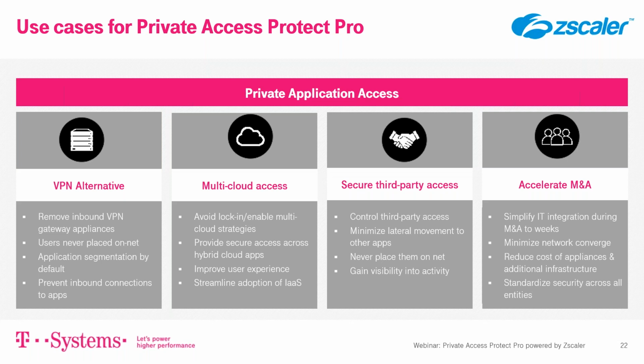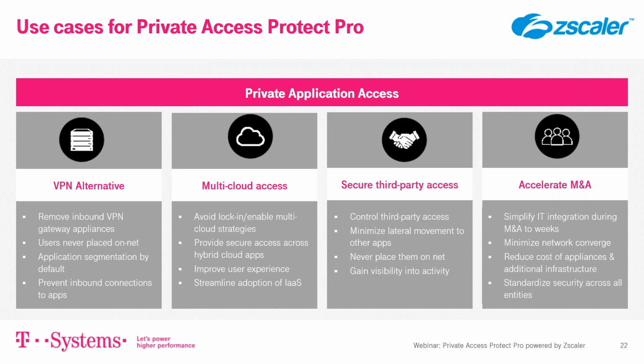He doesn't even notice. The next key benefit is the secure third-party access. So if you have some kind of supplier who needs access to one or multiple internal applications, you can design a policy so that they can only access these applications. And if you want, you can enroll the Zscaler application on the client from the third party, or if you have the option to do that, you can also use browser access, which comes with private access.